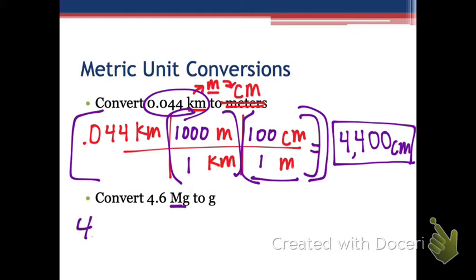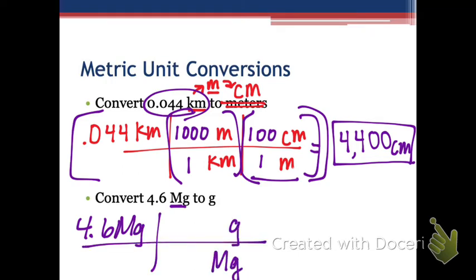I'll start with what I know, 4.6 megagrams. I want to get rid of megagrams, so it goes on the bottom, and I want to go to grams. If you look at your chart, which one of those gets the 1? Mega gets the 1, and then this is, oops, my zeros are ugly. Okay, so now I've canceled megagrams.